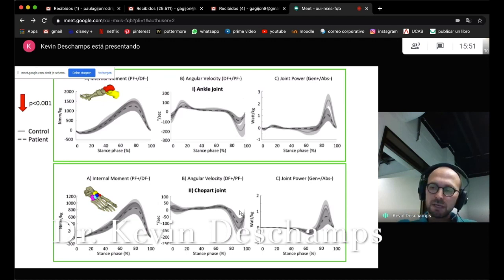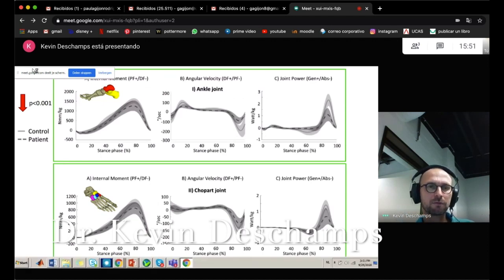On the top here you see first the results of the ankle. On the left side you see the internal moment in the sagittal plane, then in the middle the angular velocity, and then the joint power.